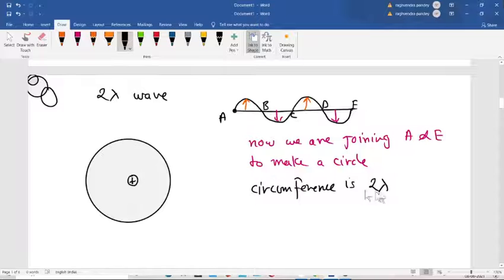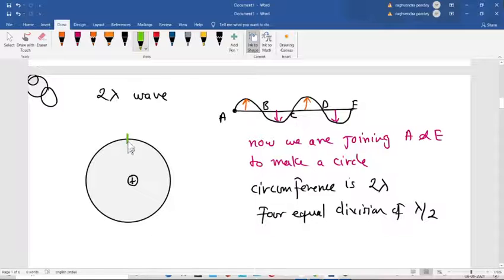So we have 4 equal divisions because of 2 lambda, that is lambda by 2, lambda by 2, lambda by 2, and lambda by 2. So I'm making 4 equal divisions of lambda by 2.